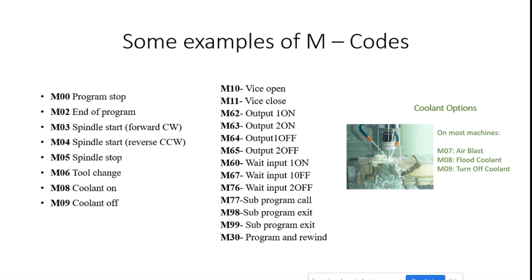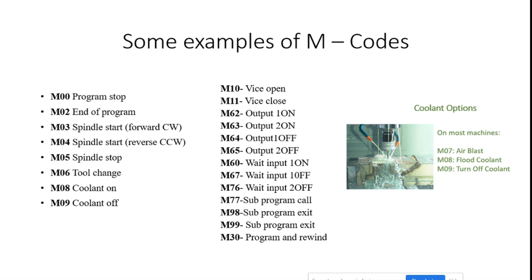Then if I want to switch the coolant on or off, some operations require coolant and some do not, so this condition is also needed. When I start the machining operation I need to switch the coolant on, and when I complete the machining operation I need to switch it off. For that reason I utilize two codes: M08 for coolant on and M09 for coolant off.